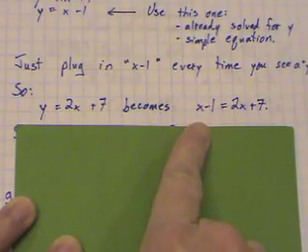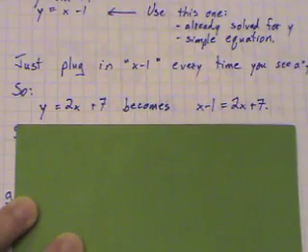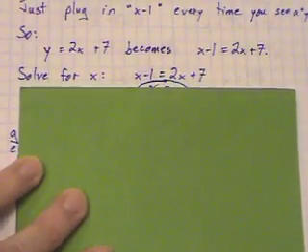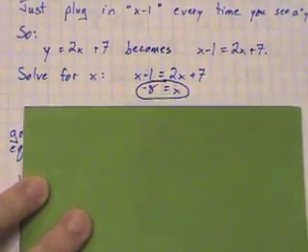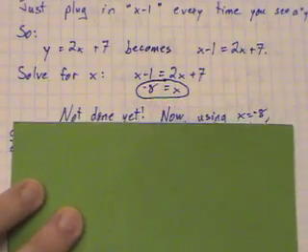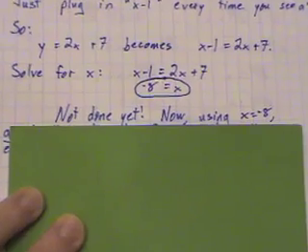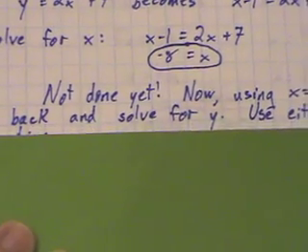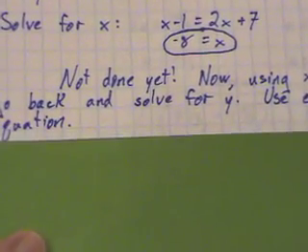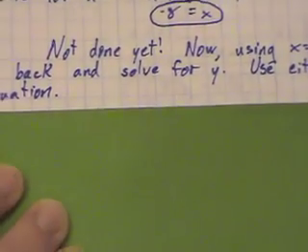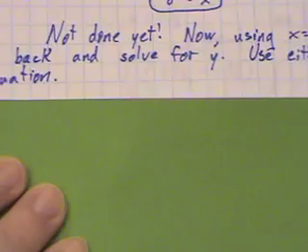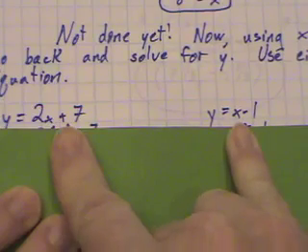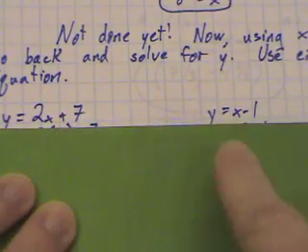It became x minus 1 because we are substituting. So you could check your work no matter which one you used.